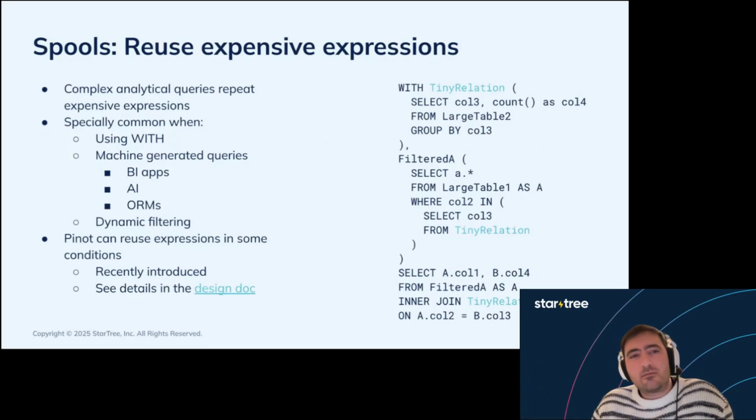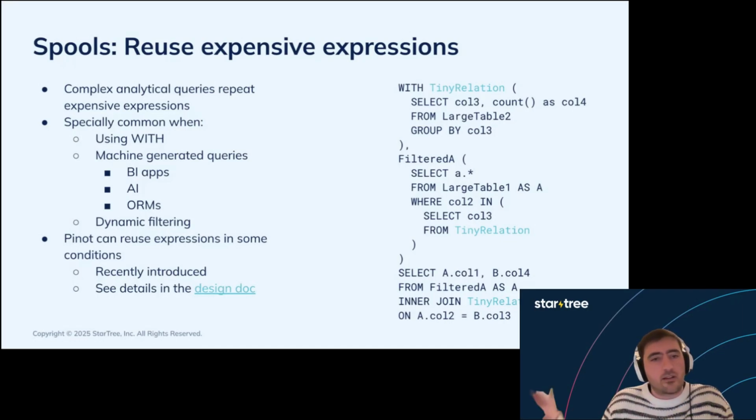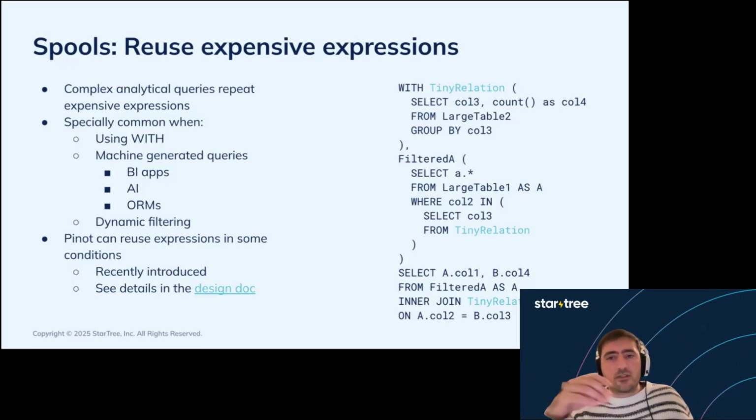Now I want to talk a little bit about a different thing, which is spools, which means the ability we have to not evaluate things several times. Especially now that a lot of queries have been automatically generated, either by ORMs or BI applications or even AI, it's important to know that in these queries, like the one on the right-hand side, some relations, some with expressions, are used several times in the same query.